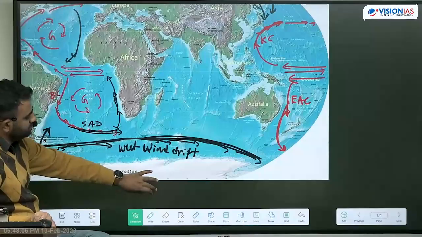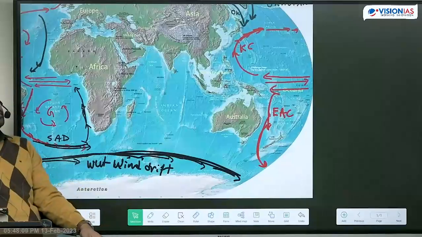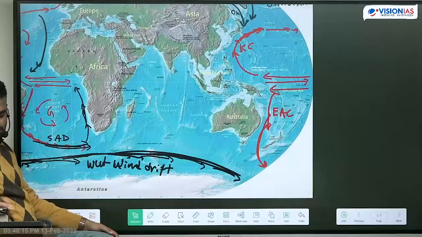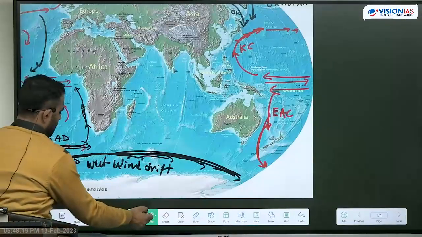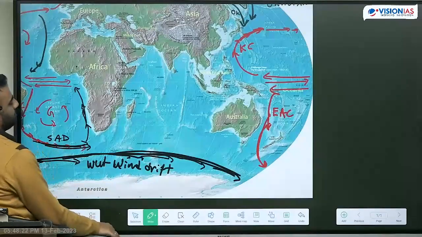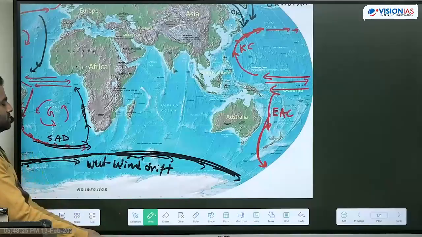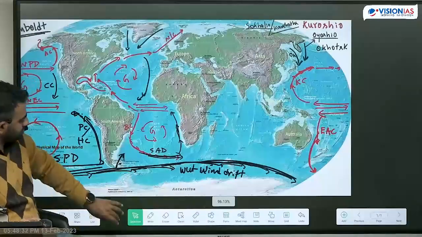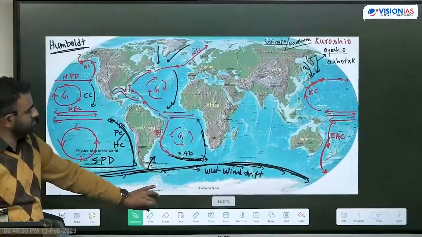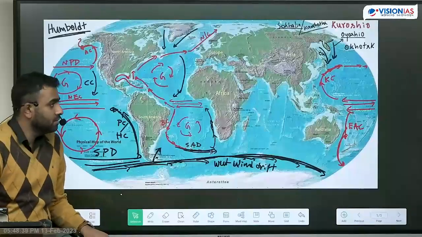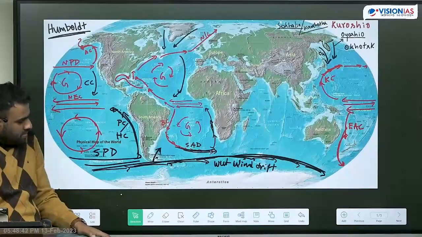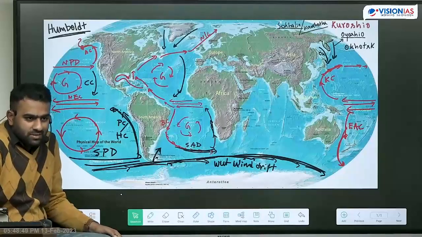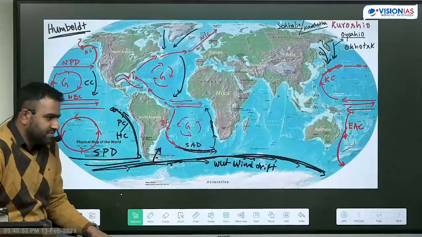Now currents of the Indian Ocean. So similar to the currents of other parts of the world, in the Indian Ocean again we can divide this part into the northern Indian Ocean and southern Indian Ocean. जैसे Atlantic Ocean में northern Atlantic, southern Atlantic, Pacific, northern Pacific, southern Pacific.